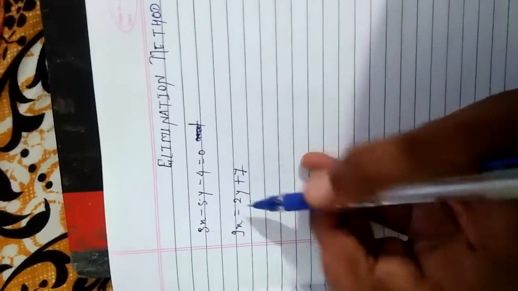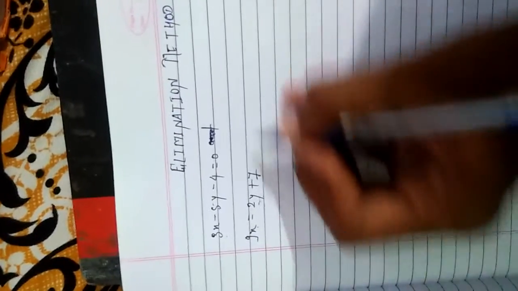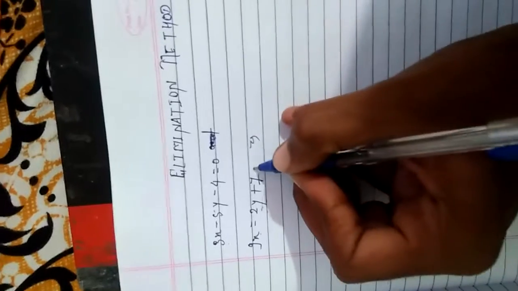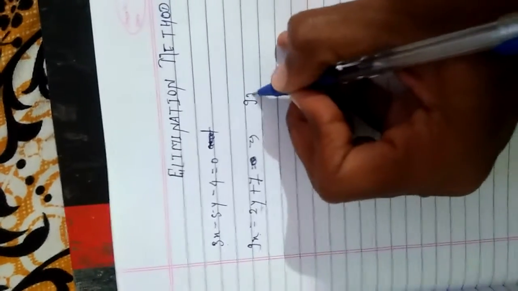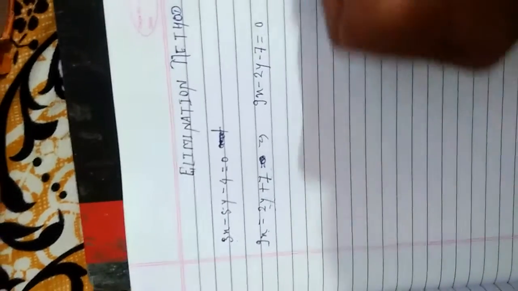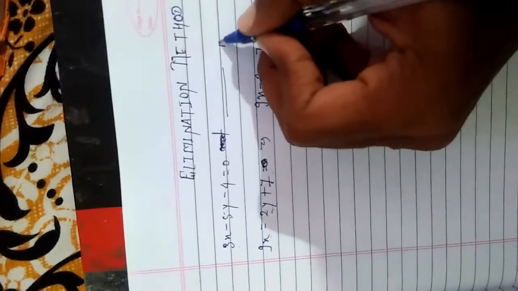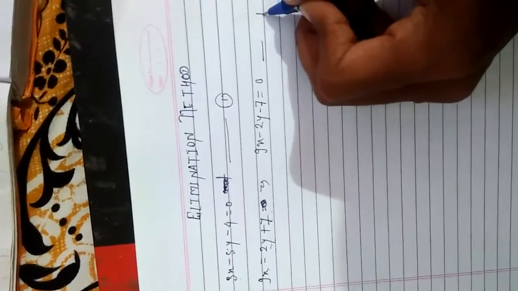We have to take this whole term to the left hand side, so it will be 9x minus 2y minus 7 equals 0. Let's say this is equation number 1 and this is equation number 2.